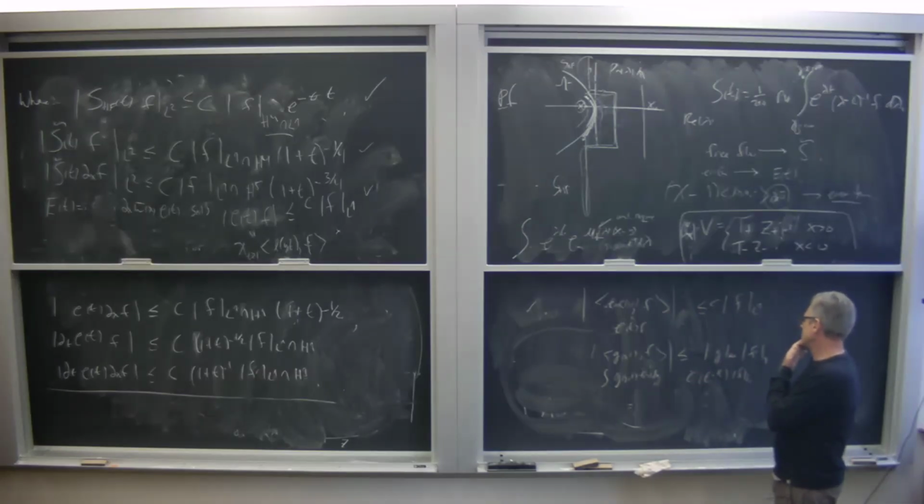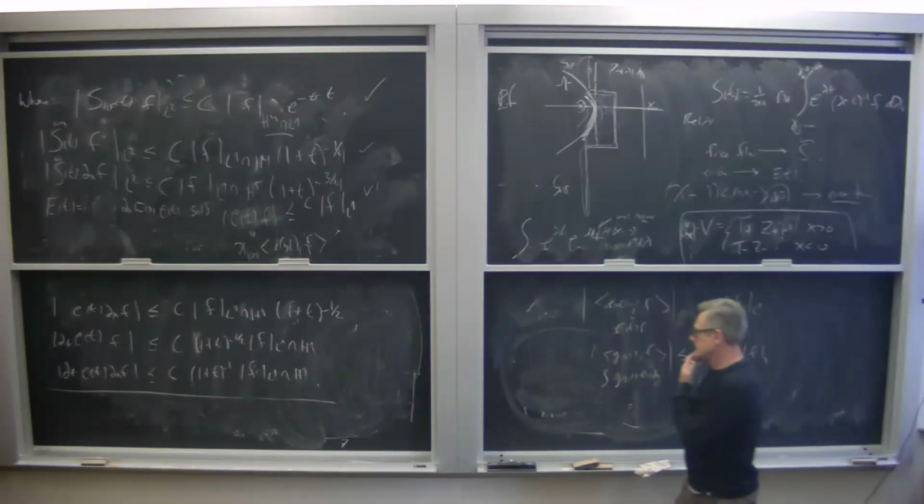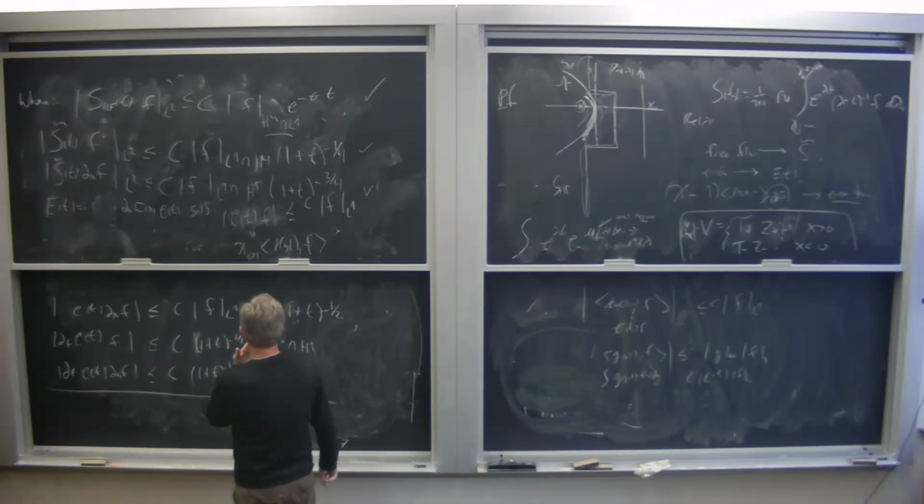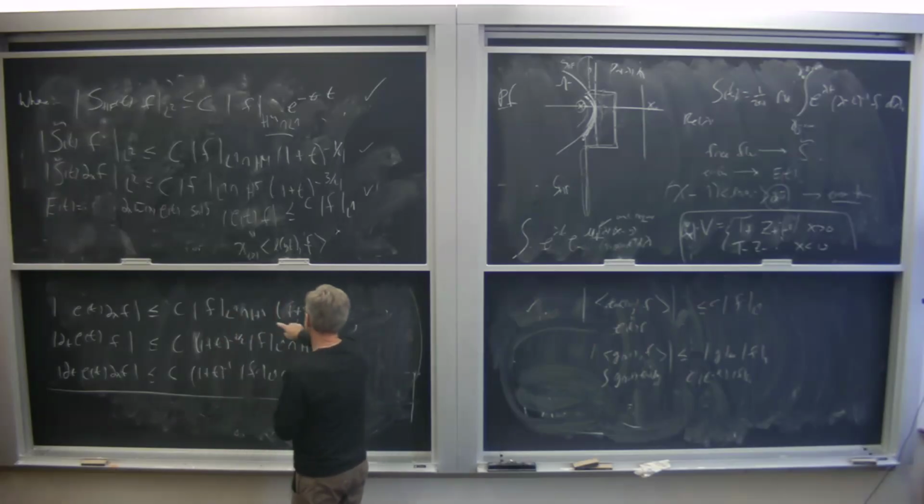But of course, I always have the option. I think I wasn't quite careful enough. I did need H1 as well. Did I write it here? Oh yeah, I wrote H1.